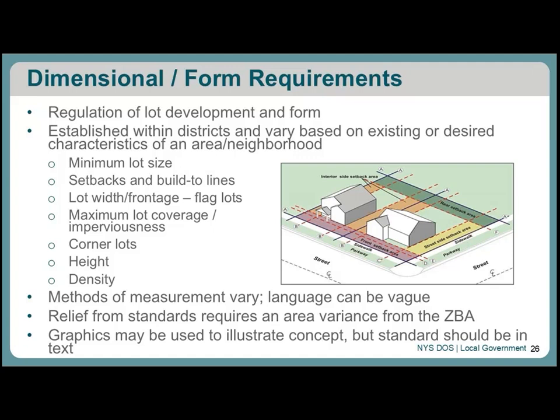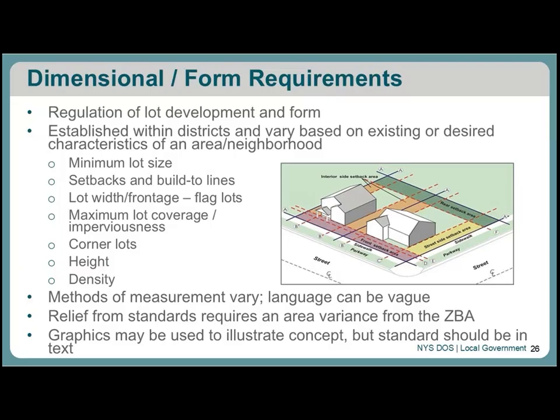So that whole, how lots can configure in and of themselves is covered in subdivision, and zoning would be the tool to help with that effort. Without zoning, it's difficult for a planning board to review a subdivision and make decisions on and tell somebody that they can't configure lots the way they're proposing if there's no zoning to help with that effort.